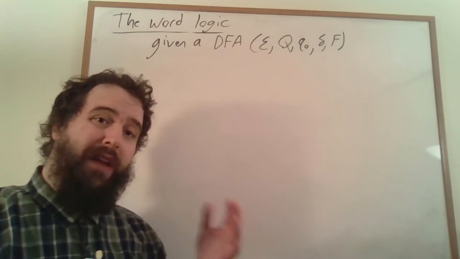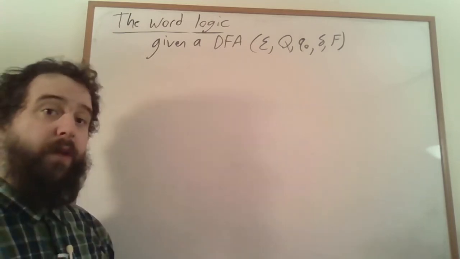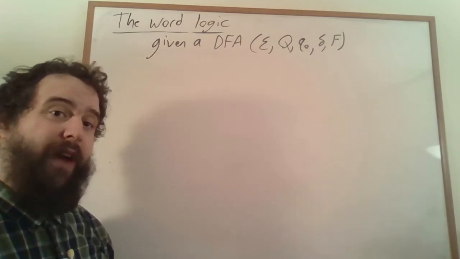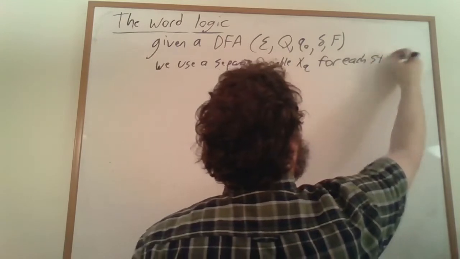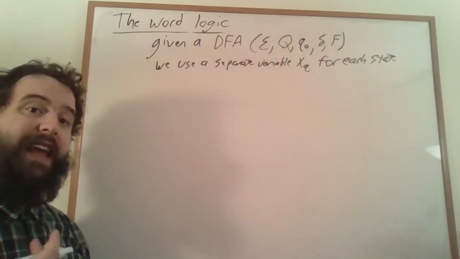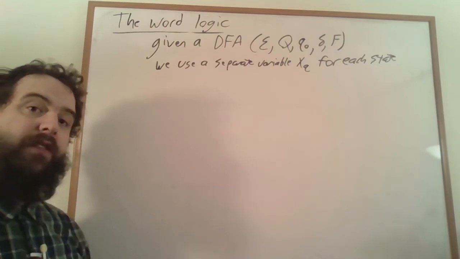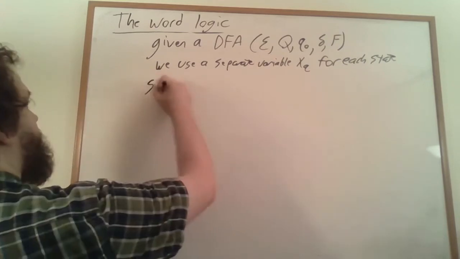So how can we encode more than two states using just words on A and B? Well, we're going to use a separate variable for each state. And in positions where this variable is an A, that's going to indicate that we're in that state, and in positions where this variable is a B, that's going to indicate that we're not in that state.